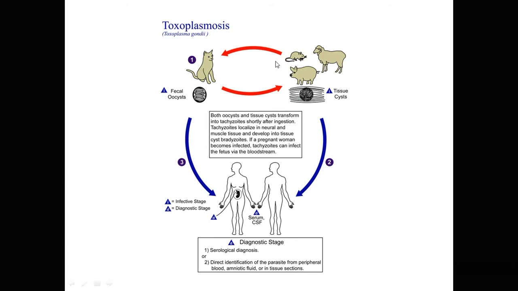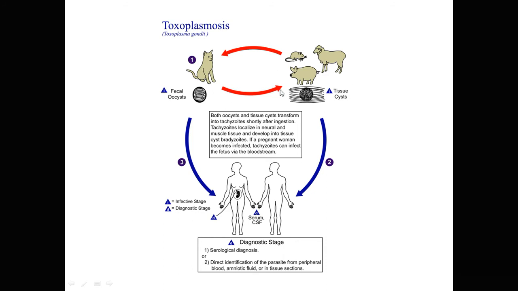This is the cycle of toxoplasma. So usually the cat is the definitive host. The cat releases the cysts with the feces, and the cysts can contaminate the environment.